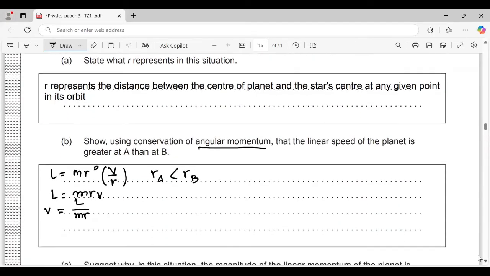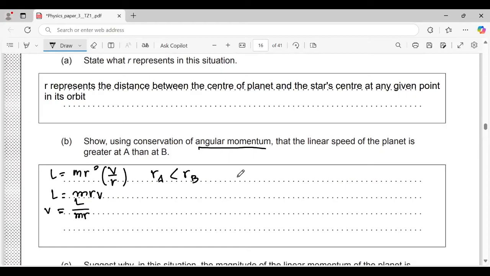So the implications on the velocity: on this fraction, the less the r, the greater the linear velocity. The less the radius or the distance, the greater the linear velocity.